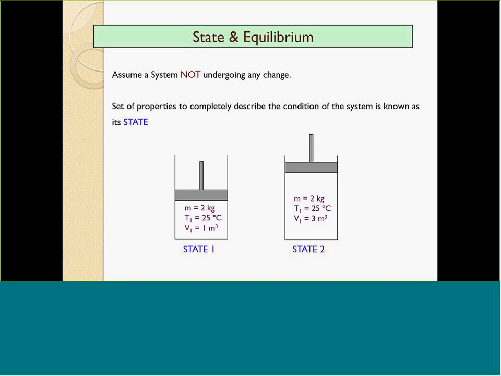Now we also have the state and equilibrium of the system. Assume the system is not undergoing any changes. At state 1 we have a certain amount of kilograms, and at state 2 the same kilograms, but you see there is a difference in terms of volume.